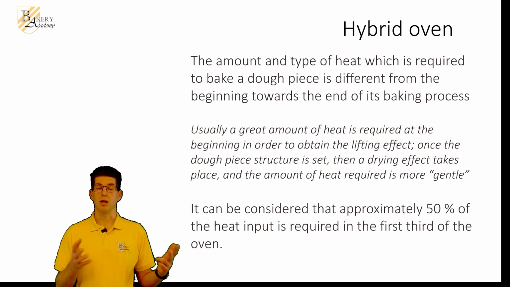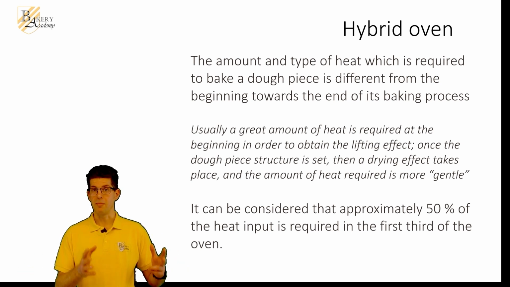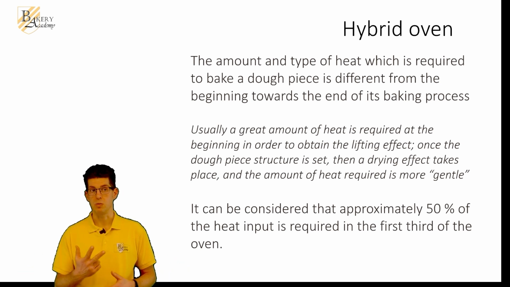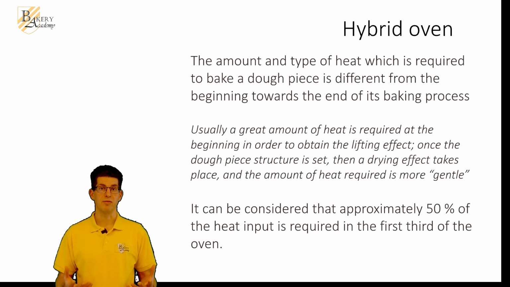Not to mention that an oven could have 4 zones, 5 zones or 6 zones, but from a baking profile we only have 3 zones. That means that in the first part, product development, we require about 50% of the heat.